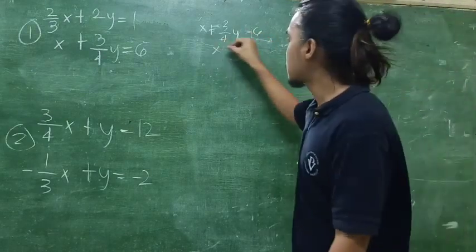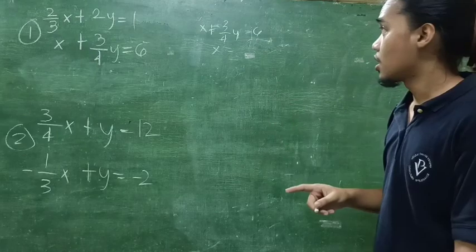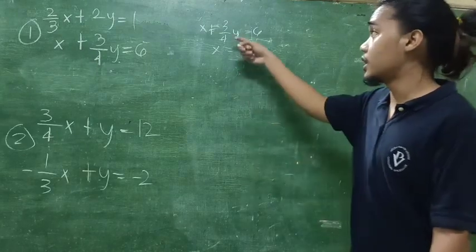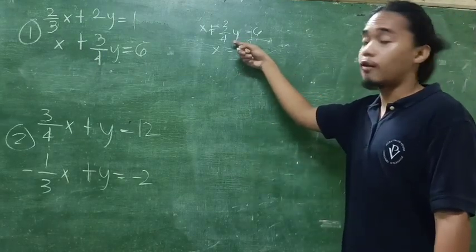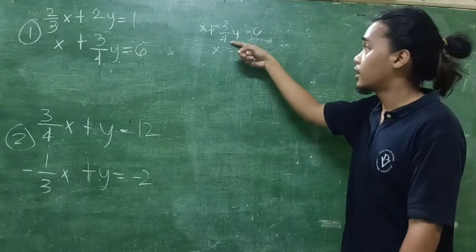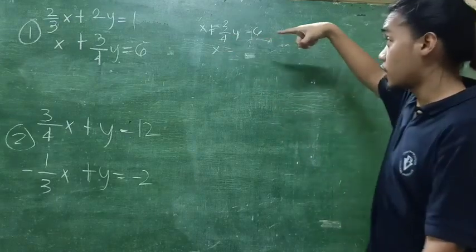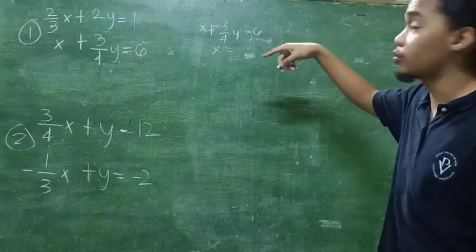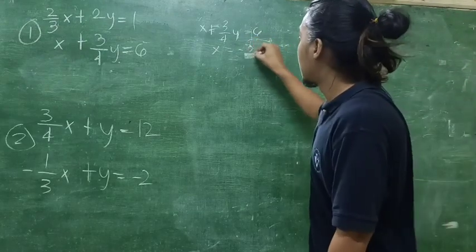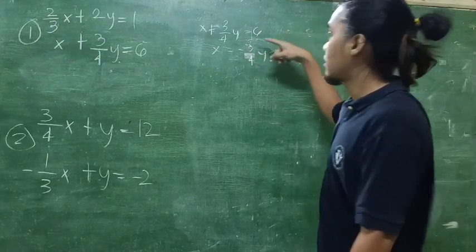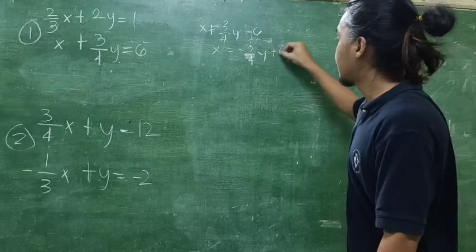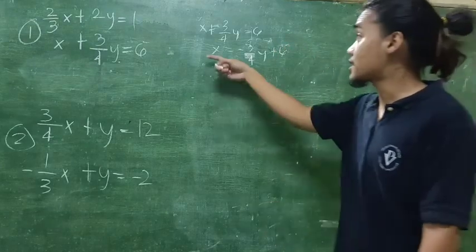Remember, in transposing, the sign will be changed. So here we have 3/4 y, and if we transpose it, it will be negative 3/4 y plus the 6. Now we have our x.